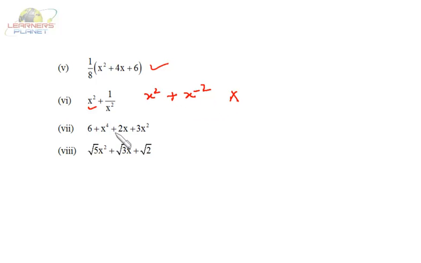In this case, all the x's have positive powers, so it's a polynomial. In this case, it's x square x. The coefficients are not integers, but the variables carry integral powers, so it's a polynomial. So I hope you are clear about the basics of polynomials.